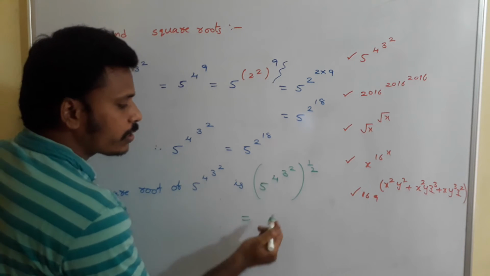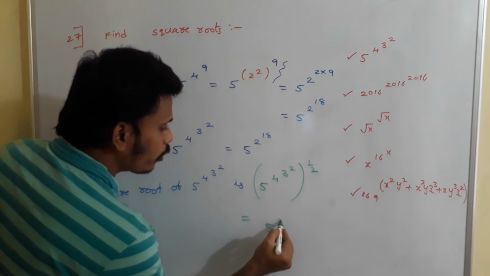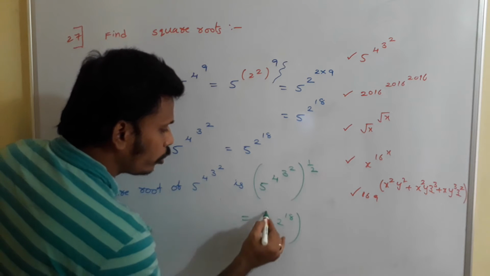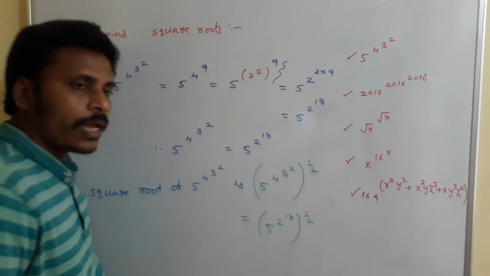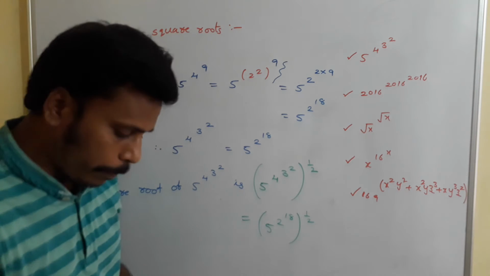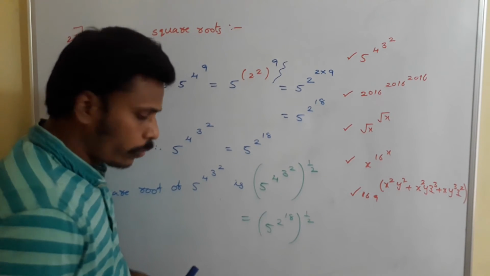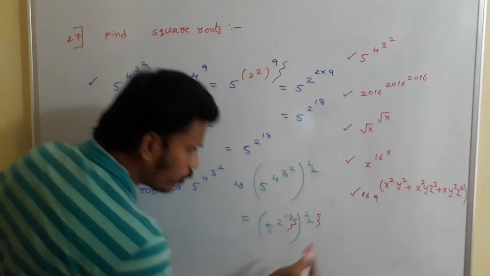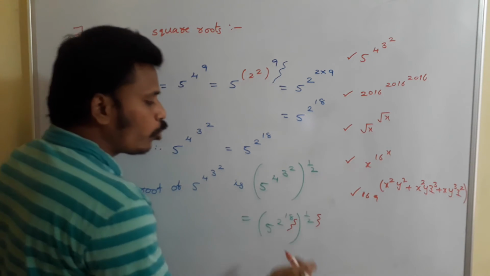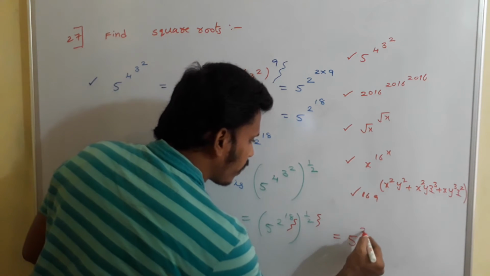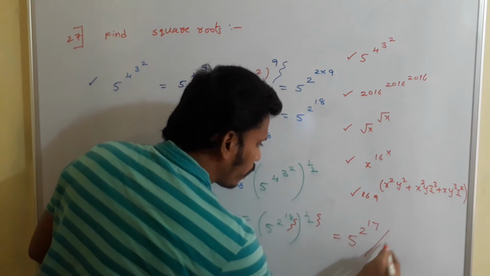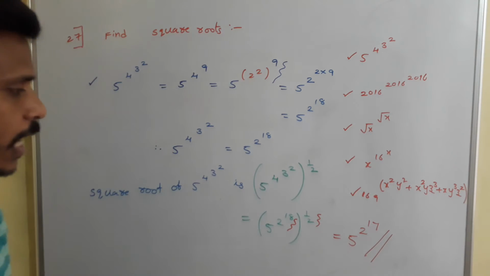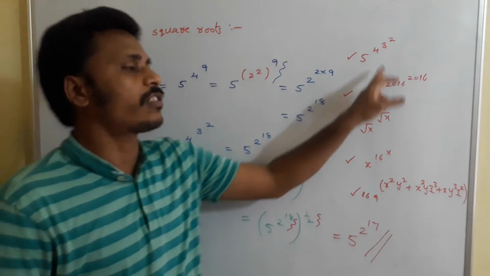And this number is simply here 5 power 2 power 18 to the power 1 by 2. And now we need to multiply this, what? This 2 power 18 into 1 by 2. 2 power 18 into 1 by 2 is simply nothing but 2 power 17. So 5 power 2 power 17 is your final answer. That is the square root of this number.